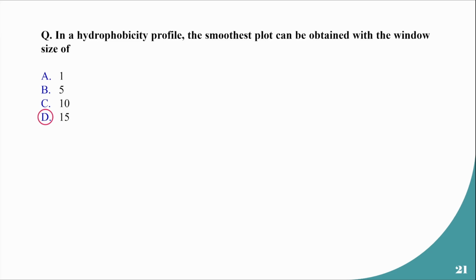But let's say if we have a long stretch of sequences, like 2000, 3000, then of course you can use a large window like 10, 15, or 20. If you only had 100 residues and you introduce a window size of 10 or 20, you will not have that many data points to put on the plot, and that will not allow you to infer any patterns.